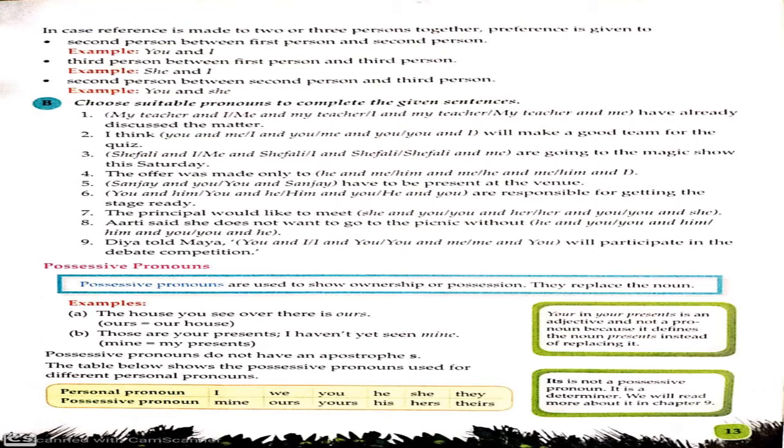The sentence will begin with the second person.